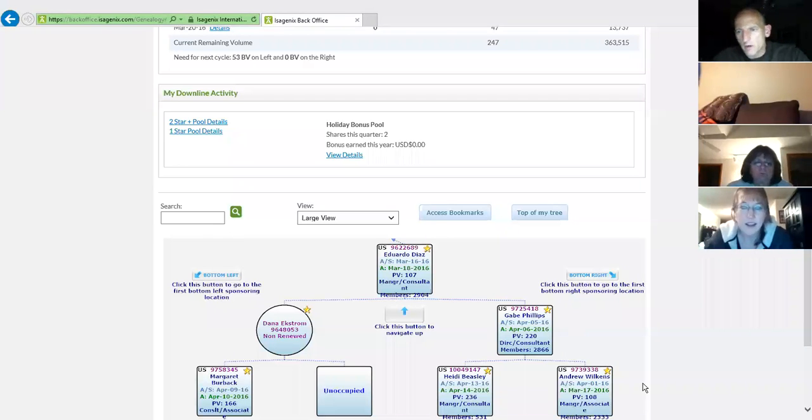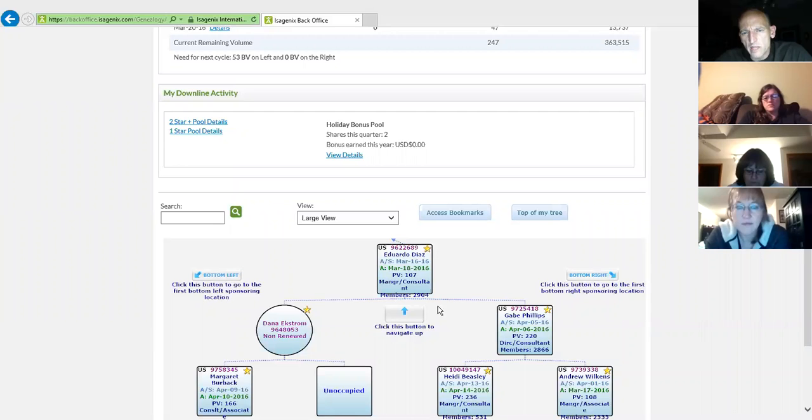I'm not going to rotate or move the screen around because I've got on here what I want you to see. So Ed Diaz is my personally enrolled. Ed has these people under him, but he didn't put them there. If you look here, Ed's got 2,904 people under him. Got a lot of people under him, right?